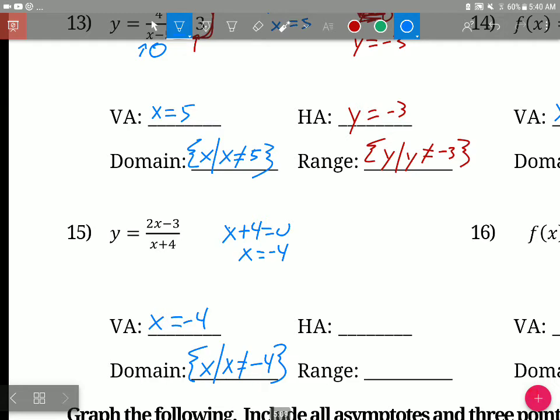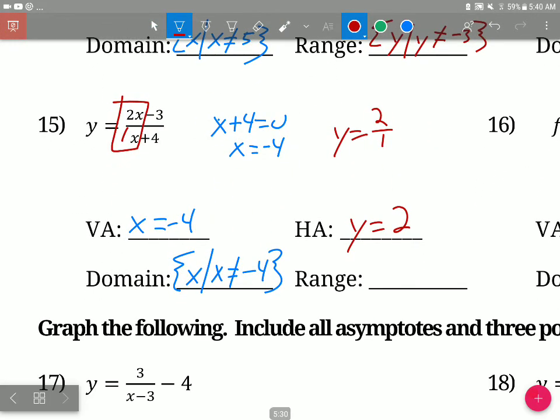Your horizontal, however, since we have an x both on top and on bottom, we're going to remove those front coefficients. So that's 2 over 1, y equals 2 divided by 1, which is just 2. So my horizontal asymptote is 2. Remember, if we've got an x on top and bottom, we take just the coefficients from those two front ones. So y cannot be 2.